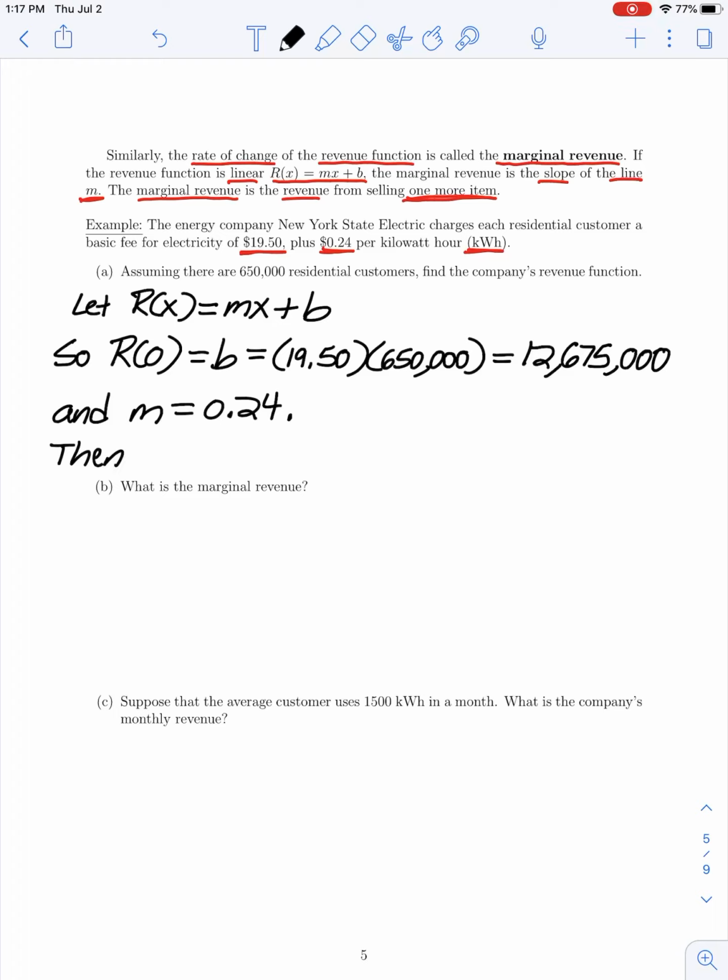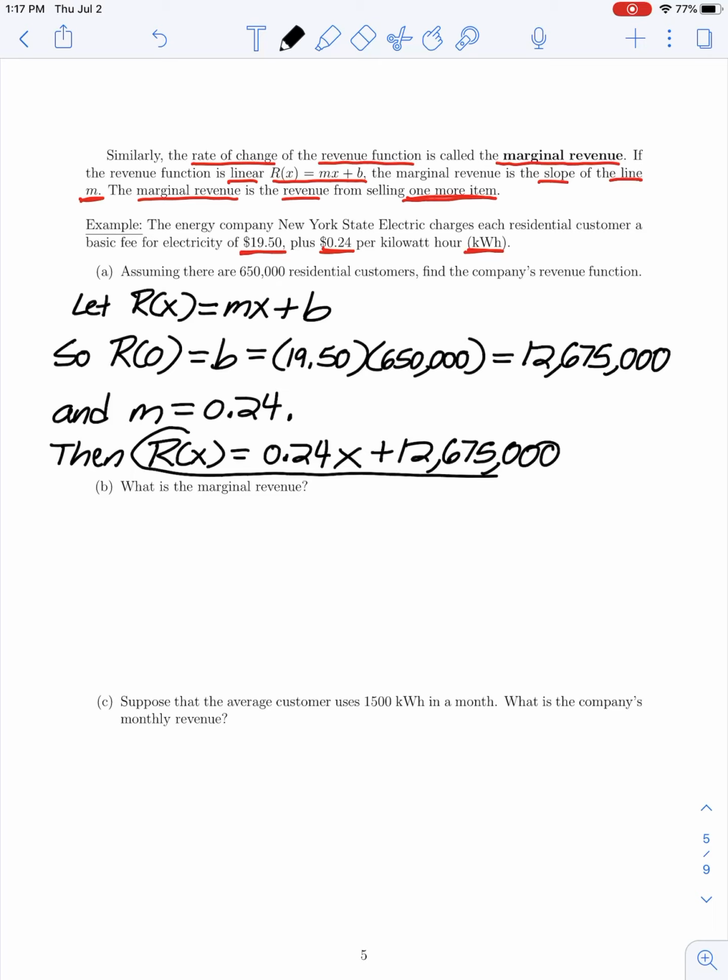So our revenue function here, R of x, is given by 0.24, so $0.24 or 24 cents per kilowatt hour, times x, the total number of kilowatt hours used by this number of customers, plus the fixed revenue B, which was 12,675,000.